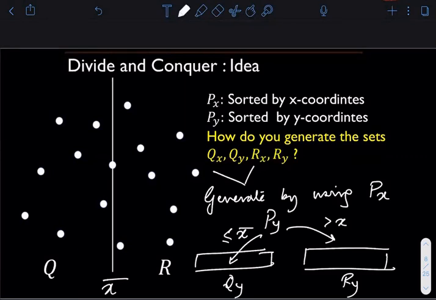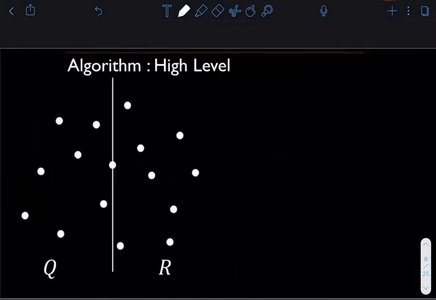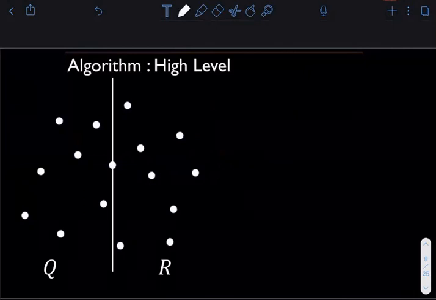Okay, so where are we so far? Now we know at least how to do the recursion. Now let's talk about the high level idea of the algorithm. How will the algorithm work? When I say recursion, what will I do?